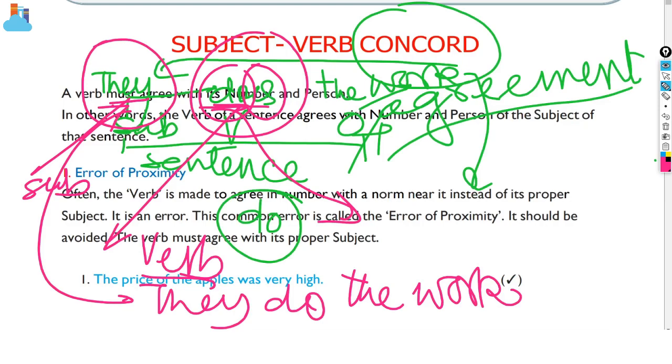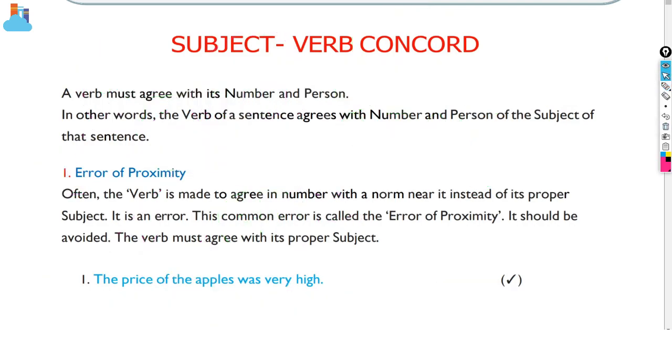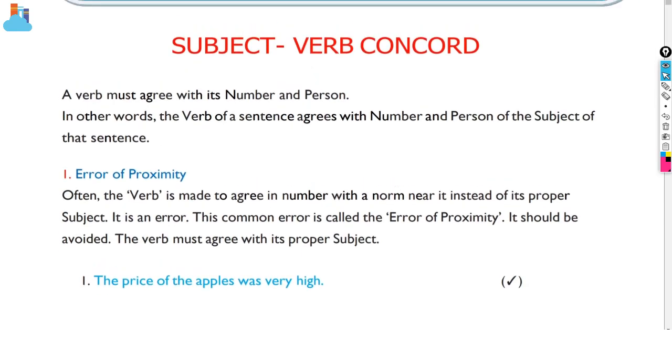When you go for the conjugation, then it is quite easy. We will see the conjugation of the verb, how the number and the person agree with the verb, through the conjugation. Let us take an example. Suppose we are writing the verb build, built.